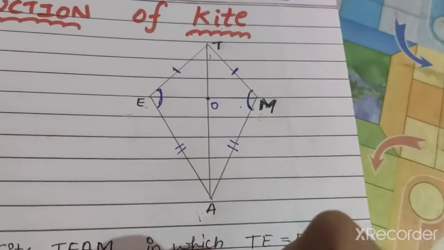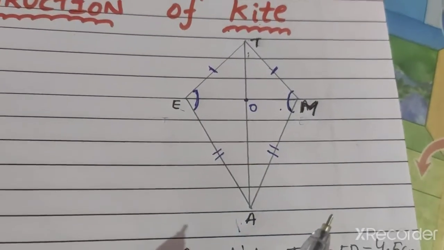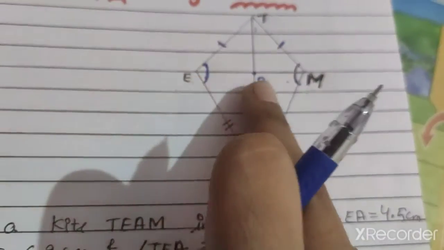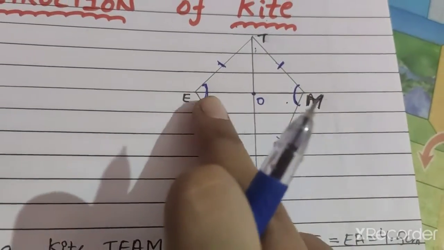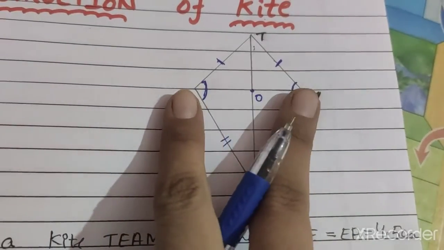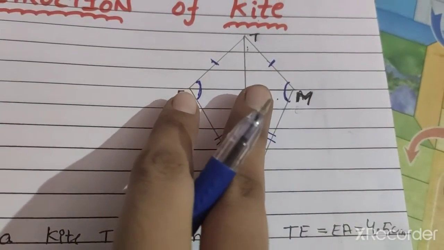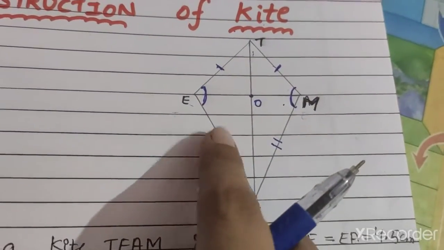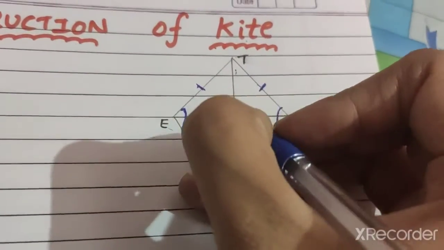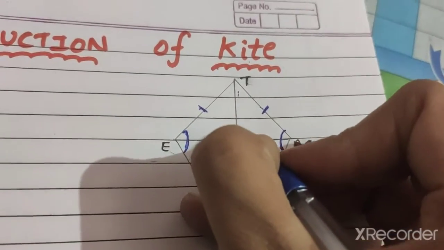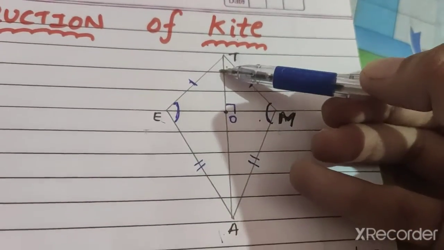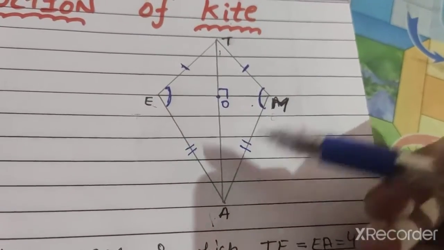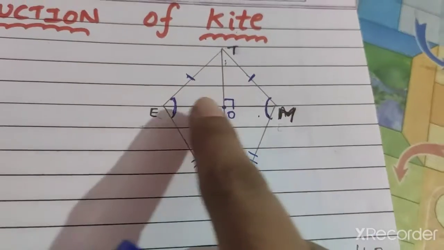O. And these diagonals have a special property: the vertical diagonal, that is the longer diagonal, bisects the smaller diagonal EM, meaning it will divide EM into two equal parts, meaning OE will be equal to OM, and most importantly it bisects at 90 degrees, meaning the vertical diagonal, that is TA, is nothing but the perpendicular bisector for the line EM.